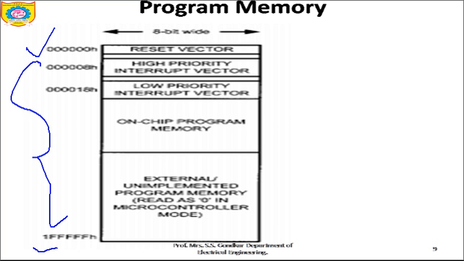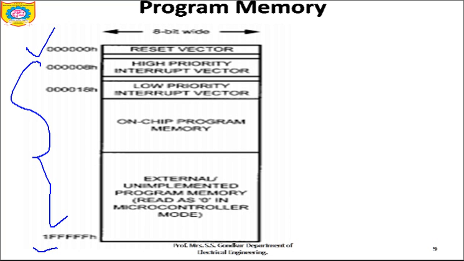Important highlights about the program counter: a program is nothing but a set of instructions. These instructions are stored in program memory, but the location from which you have to fetch an instruction is indicated by the program counter, which is always incremented by 1.